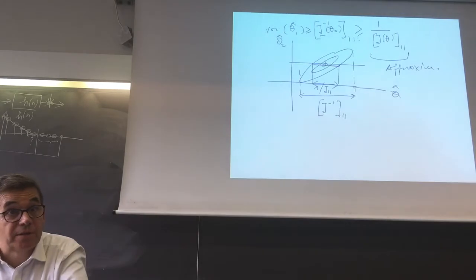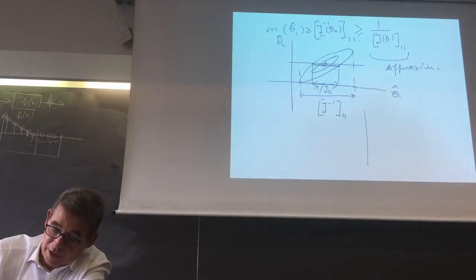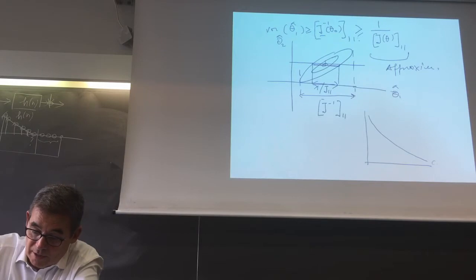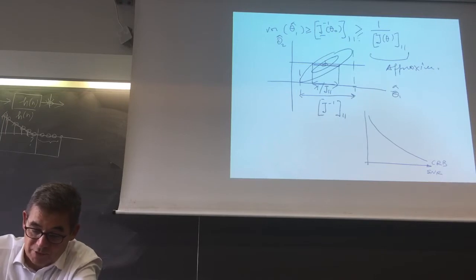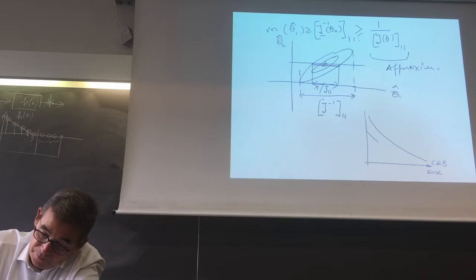It is lower than that. So if we take our practical case, where the Cramér-Rao bound goes here, as a function of, for instance, signal-to-noise ratio or number of samples, whatever, this new bound goes there.